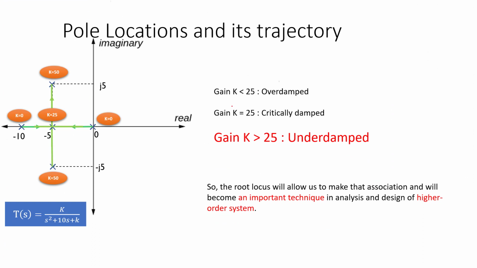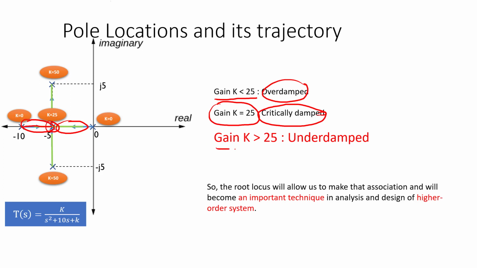Okay, next, as a summary, when the gain k is less than 25, meaning on the real axis here, the system will become overdamped. At gain k equal to 25, which is here, at the point of intersection between the two poles, the system will become critically damped.